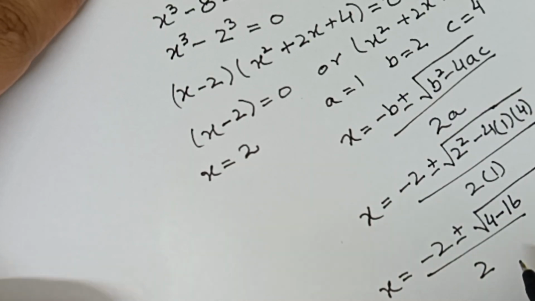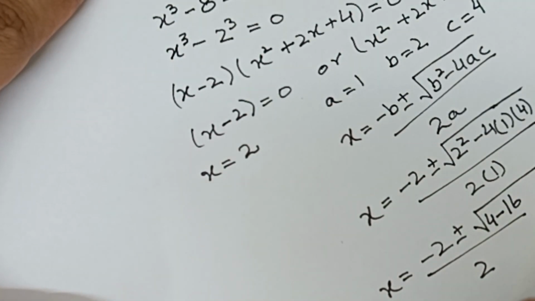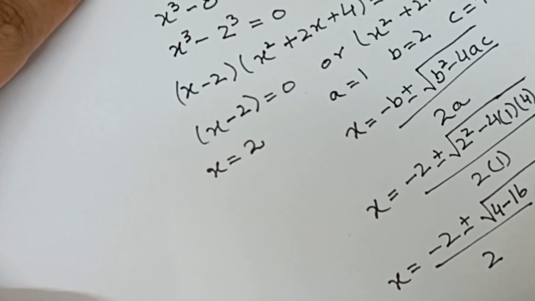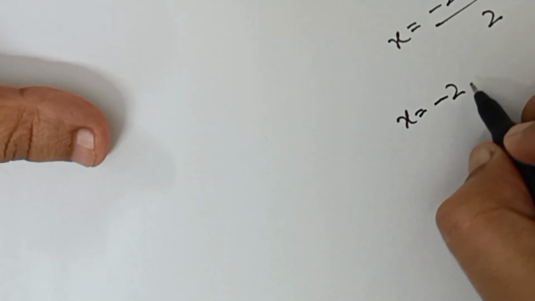So here we will get x is equal to minus 2 plus minus square root of minus 12, over 2.